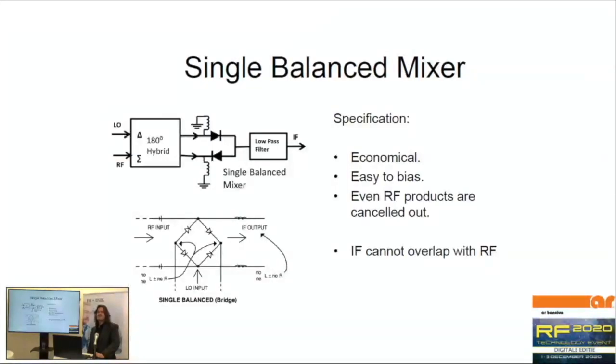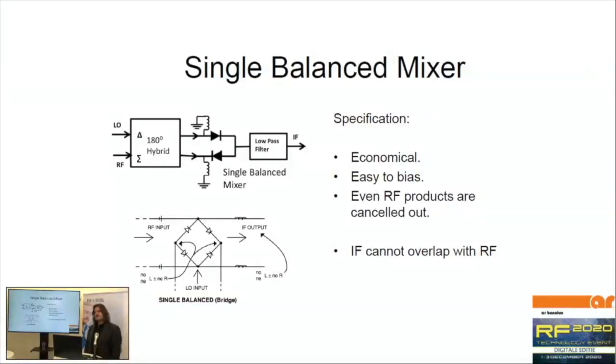Single balanced mixer. You see two schematics of that. The most simple one is the top one with the hybrid on top. That hybrid makes sure there is a rejection of your LO in the RF fields, which gives your even harmonics no chance, basically. It's the simplest one we have, with a single balanced bridge in between, which in this case consists of Schottky diodes.